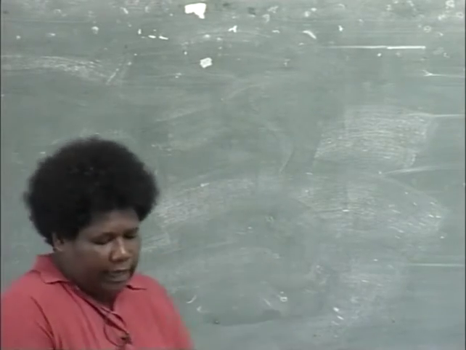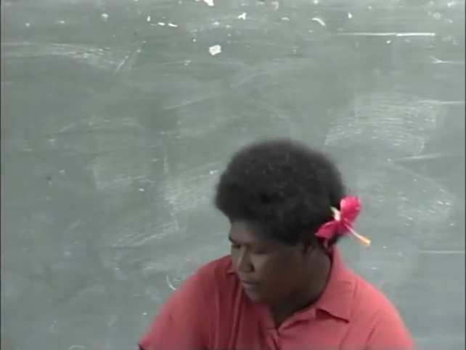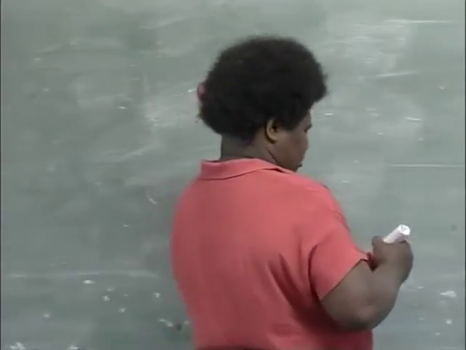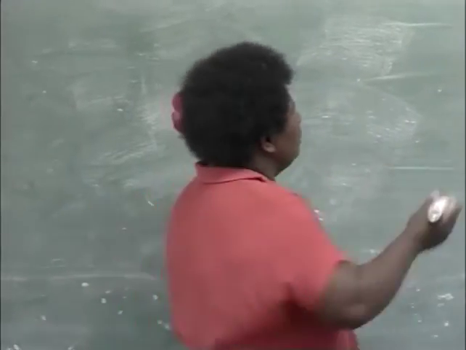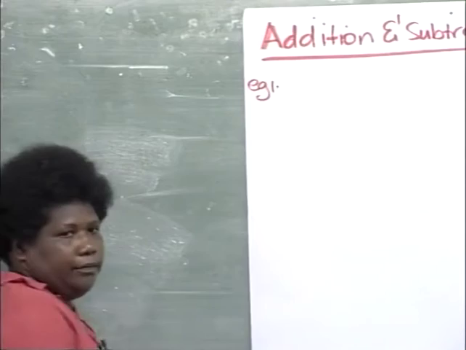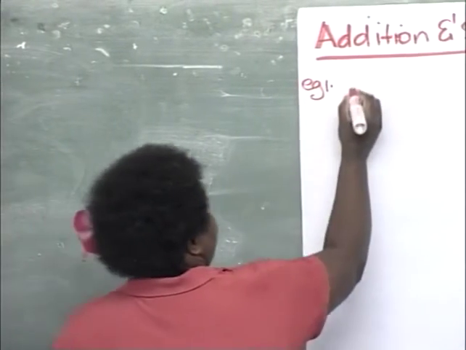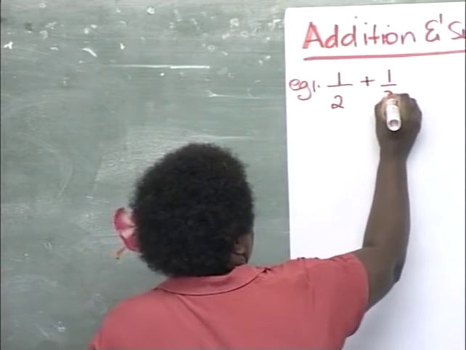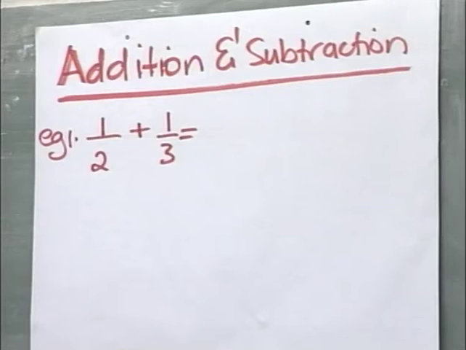Now we go on to adding and subtracting of algebraic fractions. All right, example number 1. If I added a half and 1/3, how would I do that? Or what is the first thing I'm supposed to do?